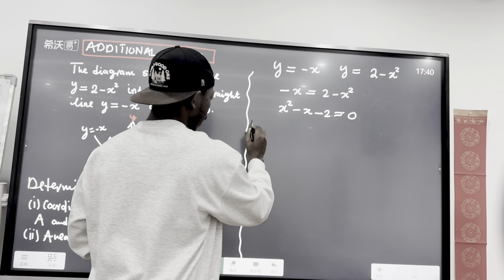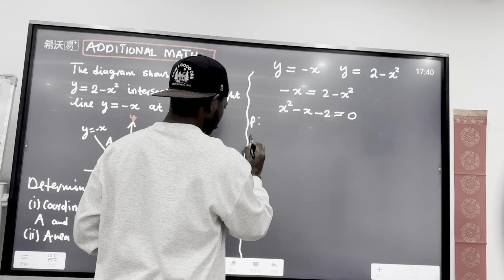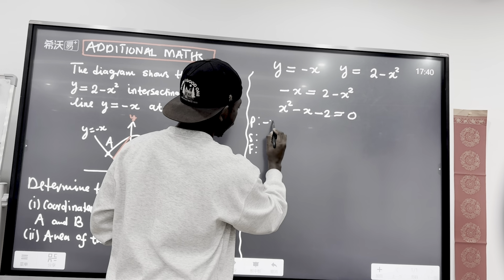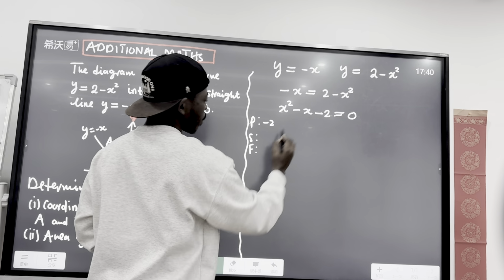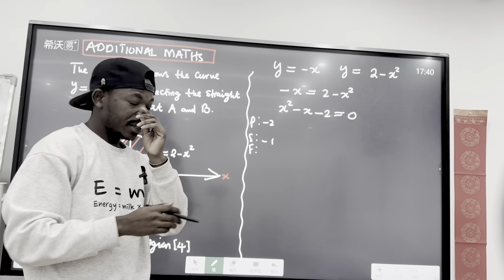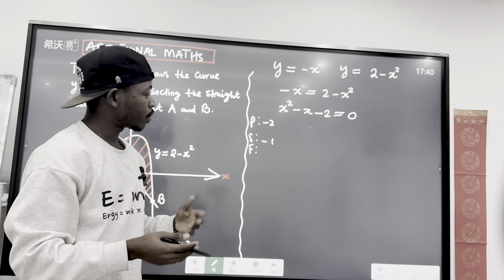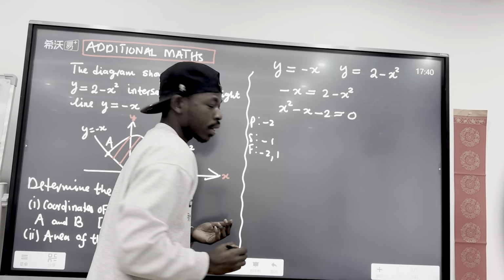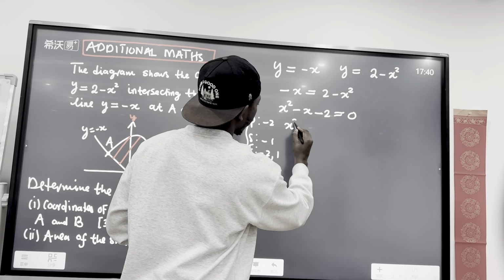Let's find the product, the sum, and the factors. The product, 1 times that, is negative 2. The sum is always b, which is negative 1. Factors: what two numbers can I multiply to give me negative 2, but when I add them, I should get negative 1? So it's negative 2 and 1. Then I'm going to have x squared.